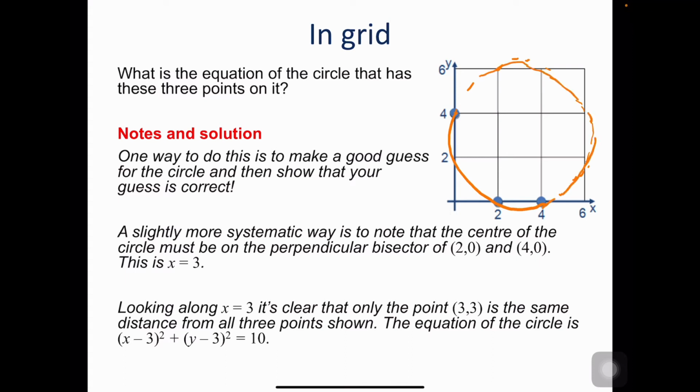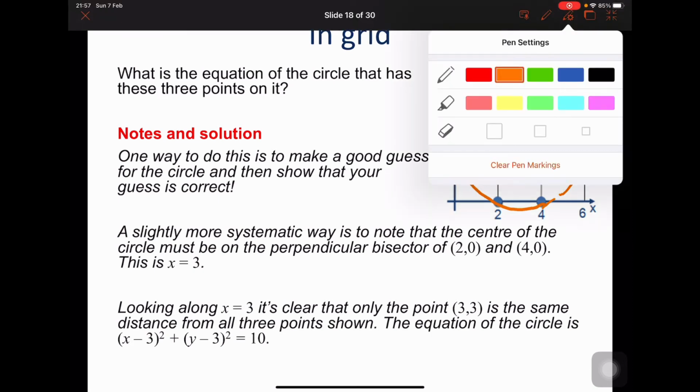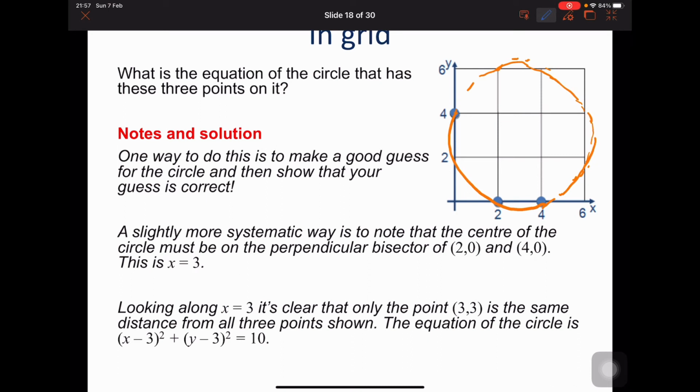Well, we can see the midpoint of 2 and 4 is 3. So the center of a circle, if you've drawn the diagram correctly, you'd be able to identify as 3, 3.